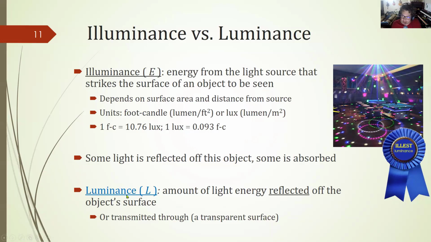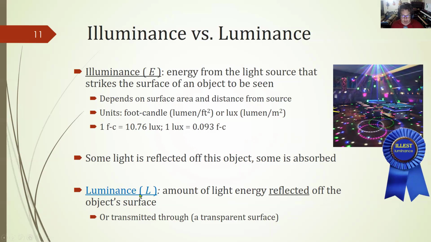But finally, we have something that makes sense because luminance, our last link in this process of light getting to our eye, is abbreviated with an L. So at least that much makes sense, right? And so then I have the amount of energy reflected off the object's surface. It could also be transmitted through.